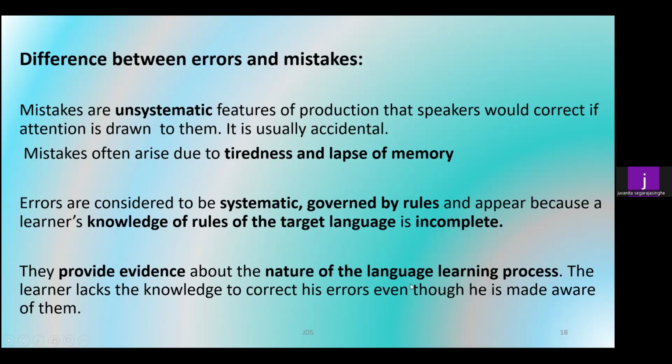His standard of language can be seen by considering the errors that he makes in writing or speaking. The learner lacks the knowledge to correct his error, even though he is made aware of it. Right? So we may tell them multiple times, what you have written is wrong, you have to correct it, but they won't be able to do that. Why? Because the child doesn't know the underlying principle or the rule.